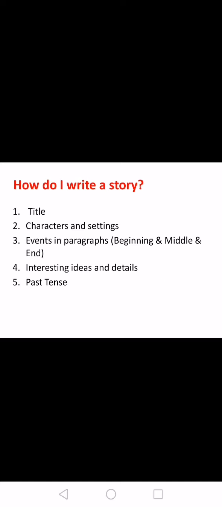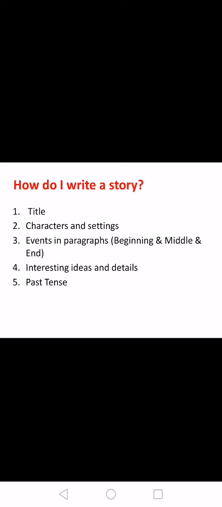So how do I write a story? Any story, any piece of writing we write, should have a title. The second thing, we should have characters and settings. Characters are the people in the story, and settings are the time of the story and where the story takes place.